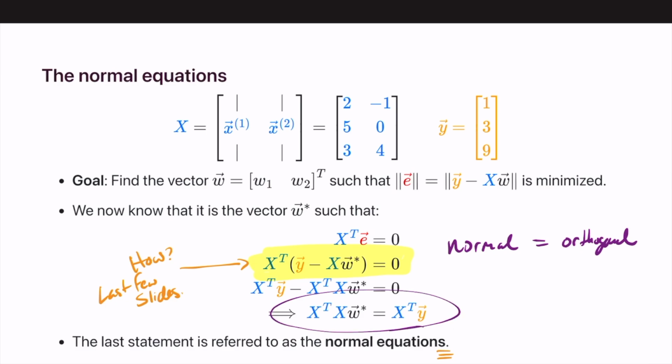And equations, well, even though this is one equation, it represents, from what we've seen, a system of linear equations.